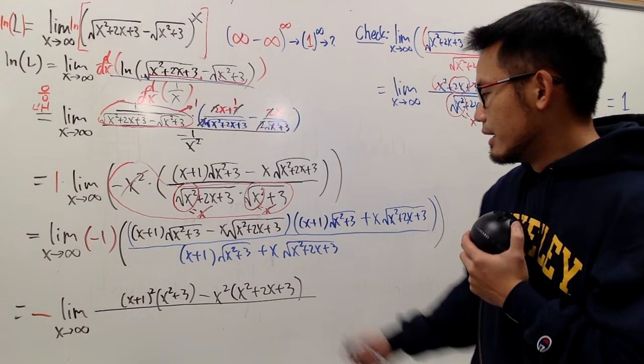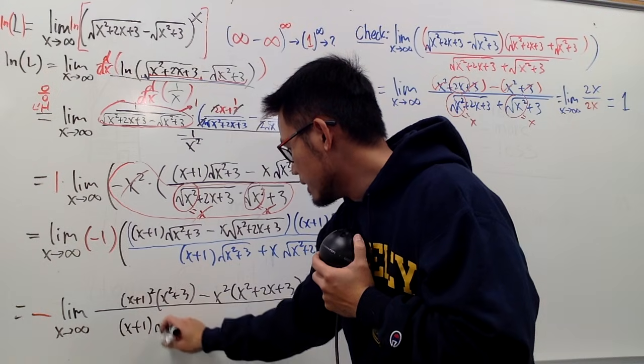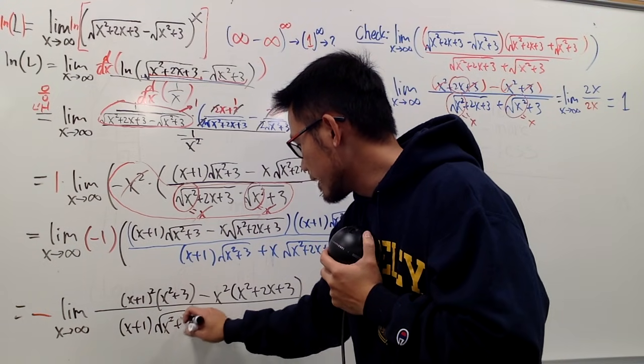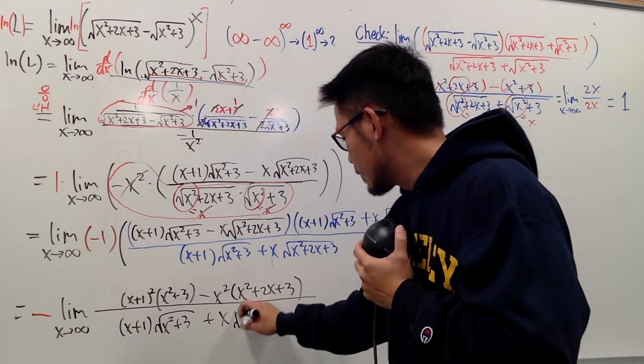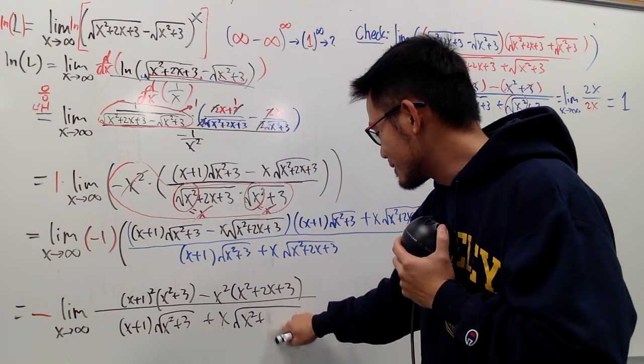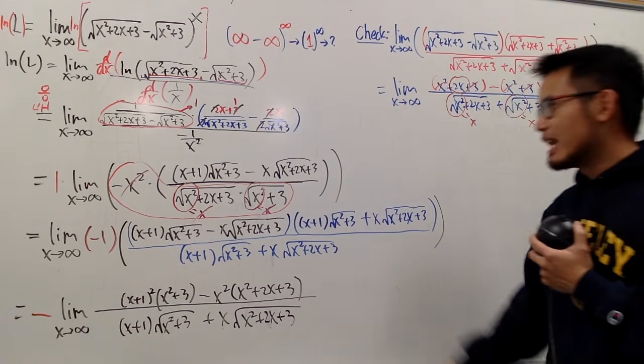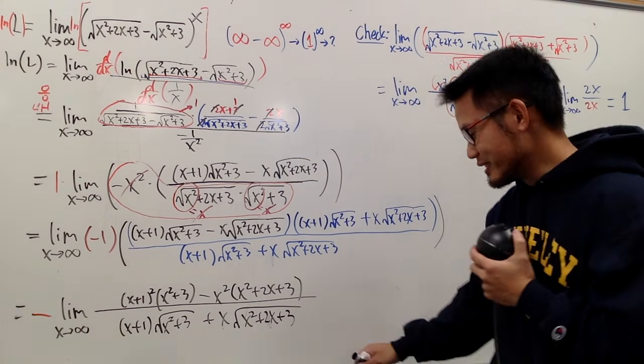And this right here stays in the denominator. Let me just write it down, x plus 1 square root of x squared plus 3 plus x square root of x squared plus 2x plus 3. All right? And yes, I came up with this question myself, just to let you guys know.